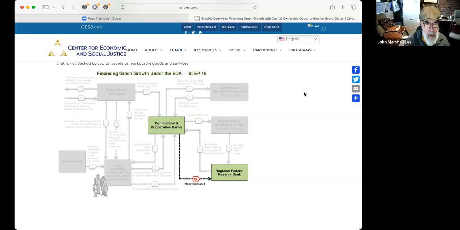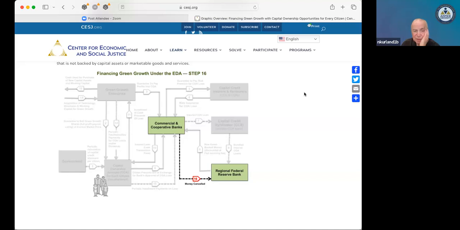I understand, and it's a very salient point. I understand how the payoff to the regional Federal Reserve Bank at the end, after step 16, leaves no room for inflation. That's right.